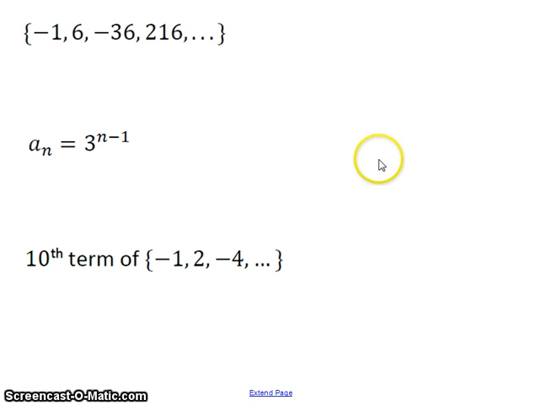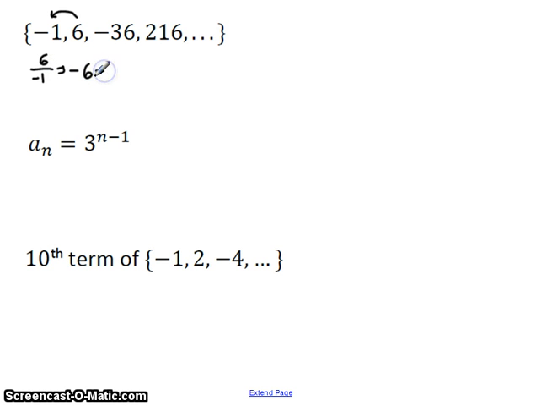So let's look at working a couple of examples here. First thing we want to do is to determine whether or not this is a geometric sequence, and if it is, let's find the value of r. So I'm going to just start with any two terms, and these would be the easy ones to do. 6 divided by negative 1 is negative 6.